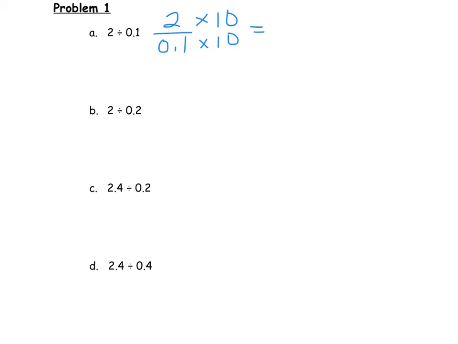So 2 times 10 is 20. 1/10 times 10. So what I'm doing is I'm moving that 1 in the tenths place to the left. So to the left of the tenths is the ones. So 1/10 times 10 is a 1. 1 in the ones place. So 20 divided by 1 is 20.